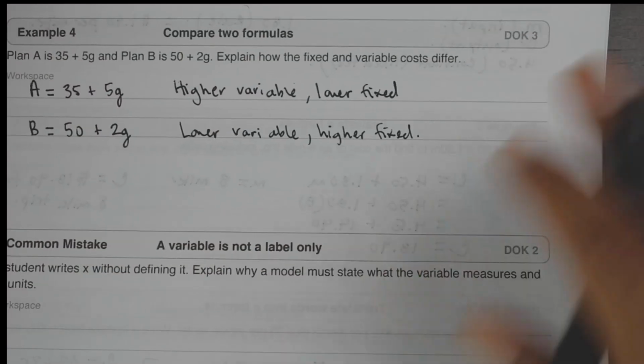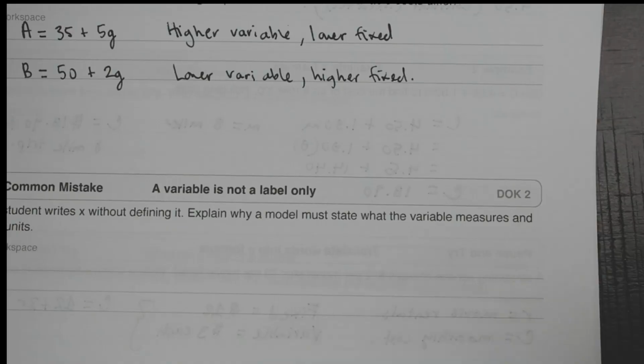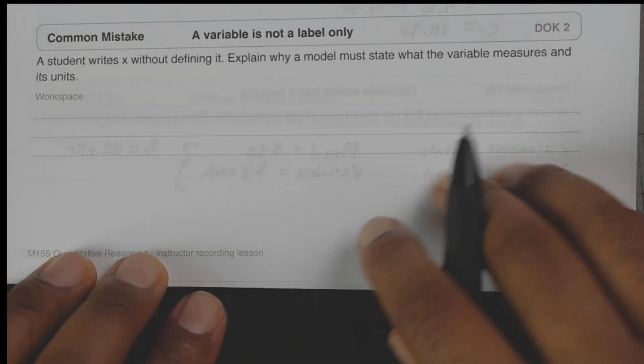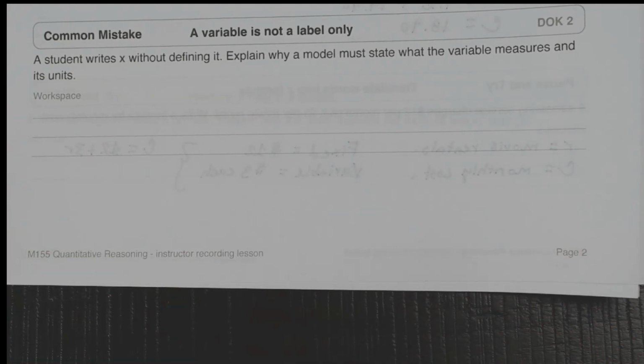And again, everything operates and functions on this: groceries, getting a loan, mortgages, all of them. You can find out what the variable is and what the fixed amount is. All right, let's look at a common mistake.